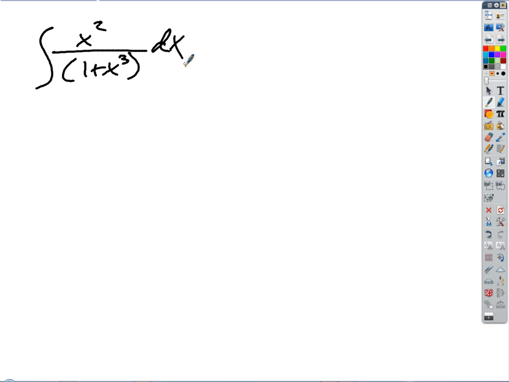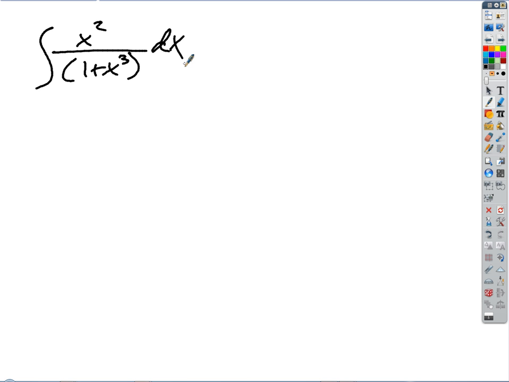Okay, try that. Now this is kind of a tough one. I mean, it's not super tough, but it's a little different than stuff we did. We didn't look at one exactly like this, let me just say it that way.